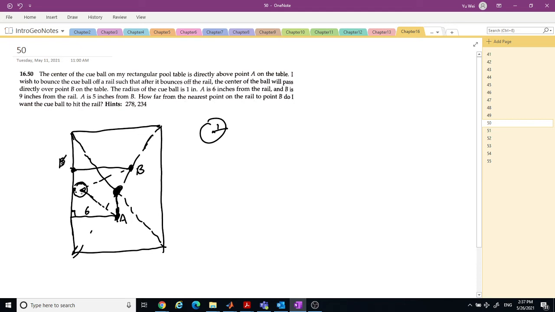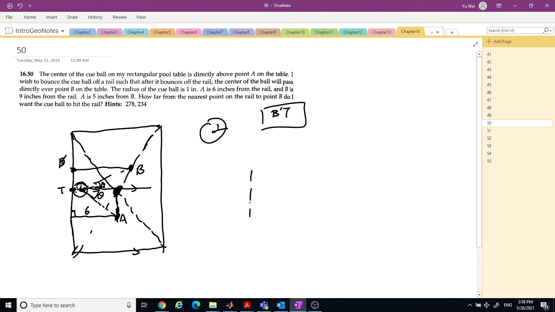For example, this point is T. We want to know what B prime T is to make it happen. If we draw a line parallel to the side, we know this is theta, and this is theta, because this is the center. So there is a 1 inch shorter, right?